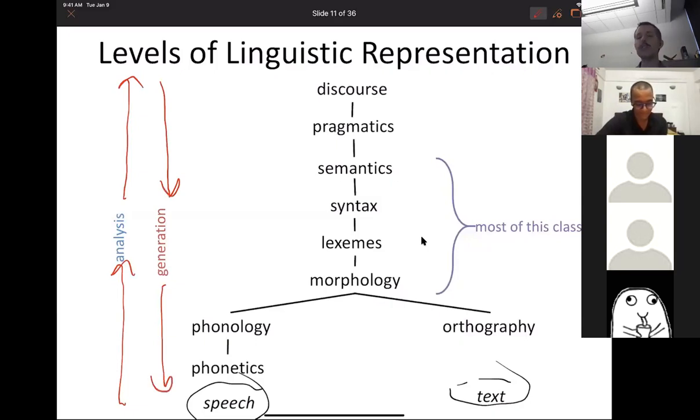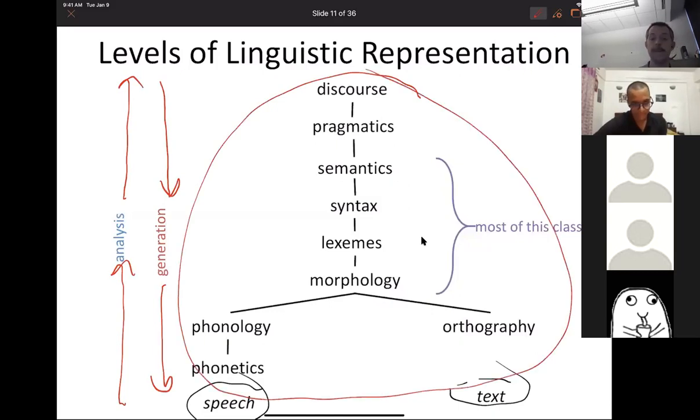But language is richly structured. It has lots of different levels of representation, we call them, which are all of these things. So speech can be represented phonetically or phonologically. Text pretty much always gets represented orthographically, which is in terms of a writing system.